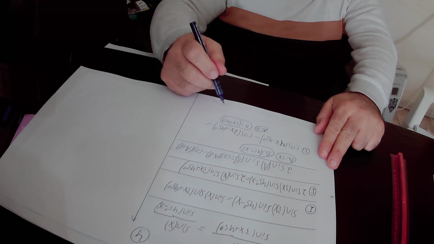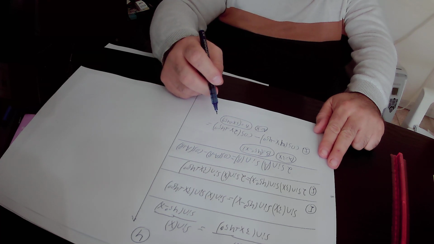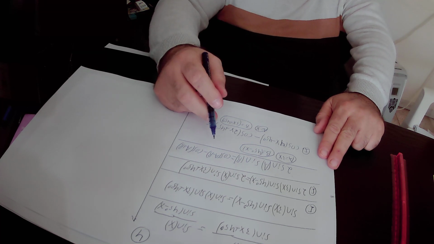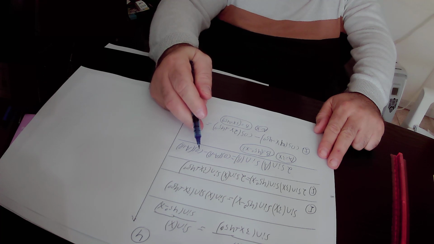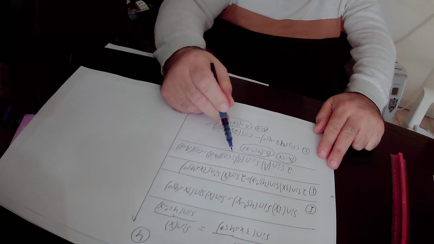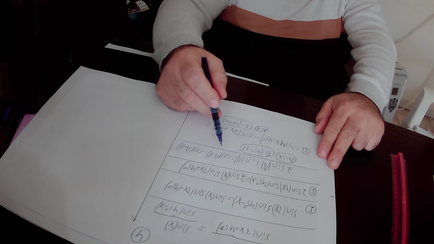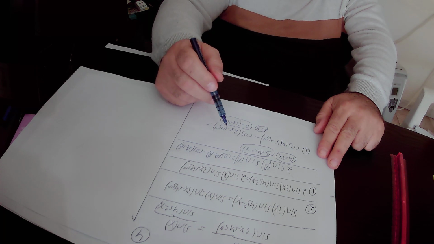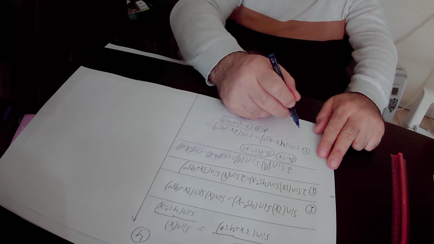So we will get that 2 sine x sine 3x plus 45 degrees, according to this trigonometric identity, will be equal to cosine a minus b.